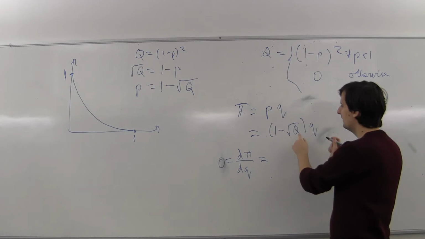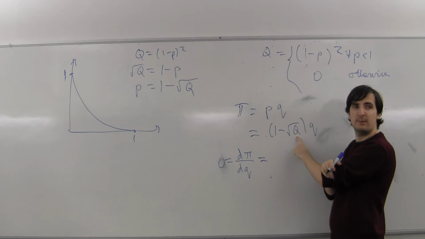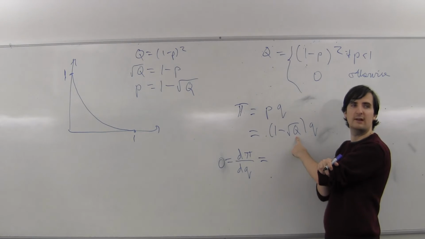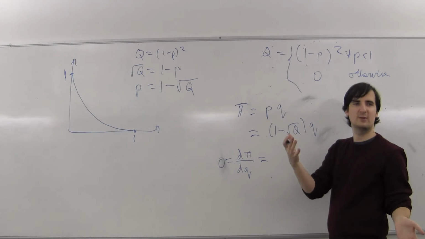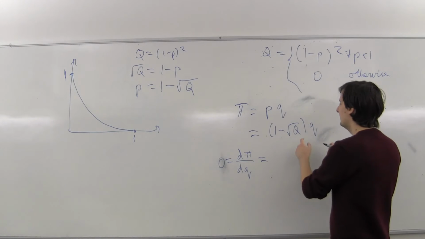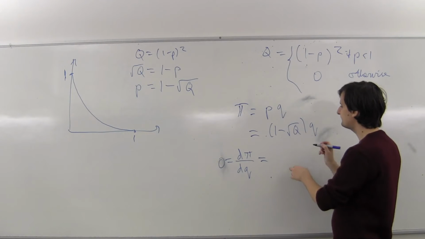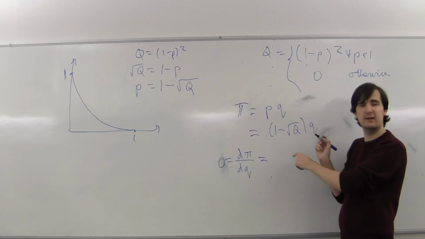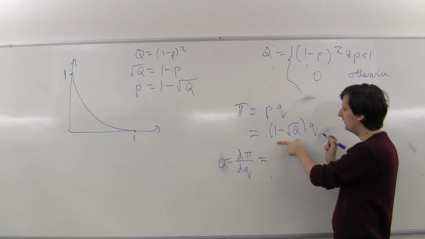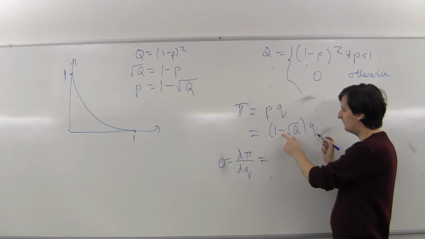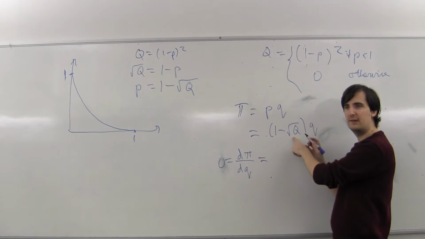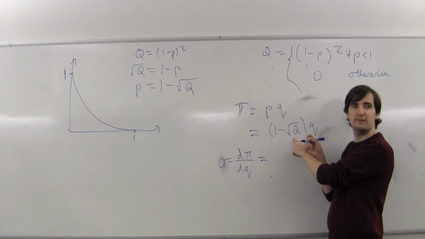Well, remember when we differentiate big Q with respect to little q, it's just 1, because big Q is the sum of all of the little q's. Apply the product rule to this thing. The derivative of this is minus the derivative of Q to the power of a half.